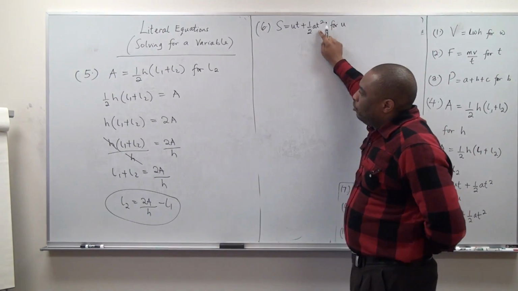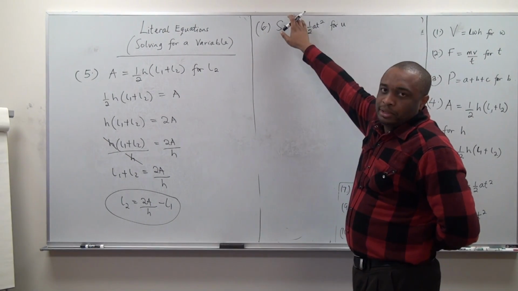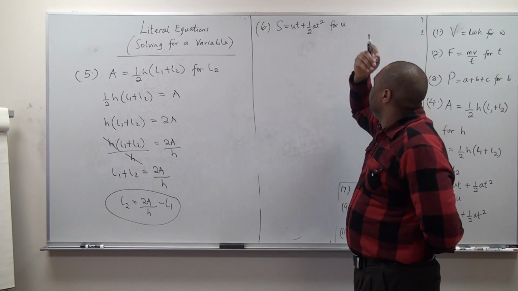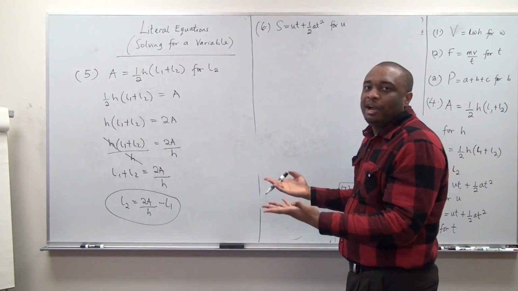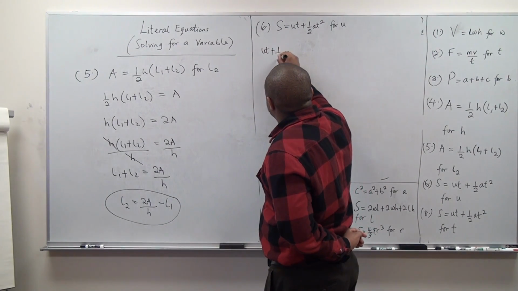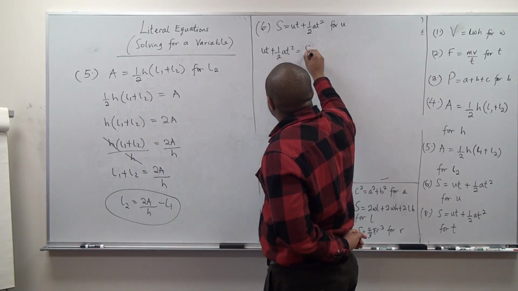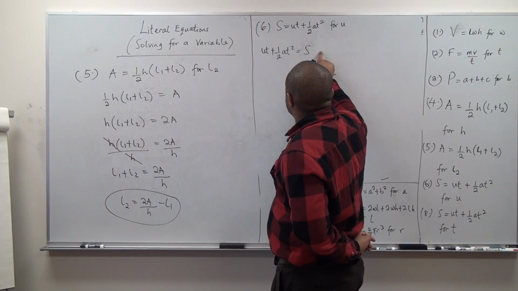In this case, the U is not squared. If we do the next example, you will see where I'm talking about squared. But you do this one as you have been doing others. Rearrange ut plus half at squared equal to s. You want to find u, so move these guys over here.